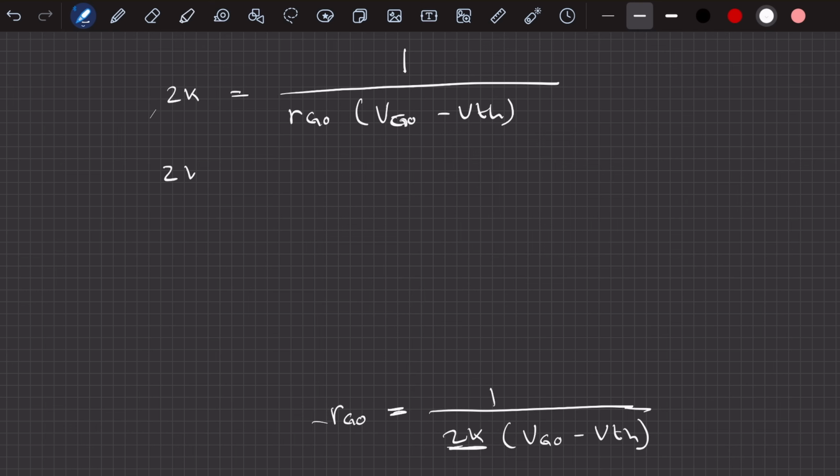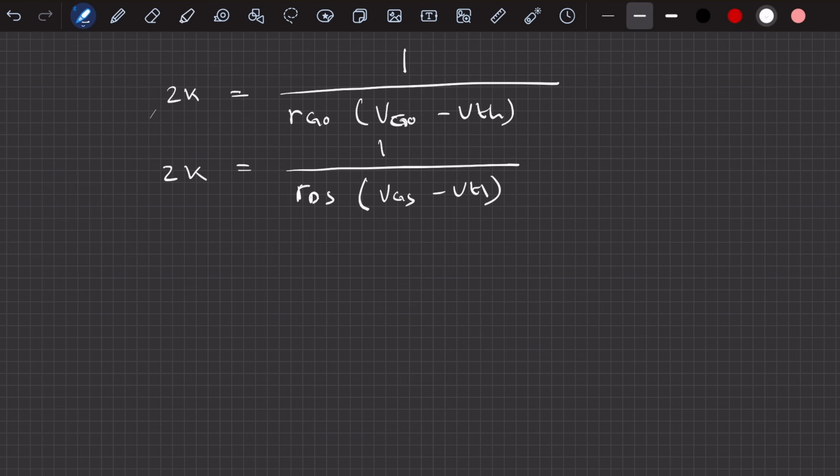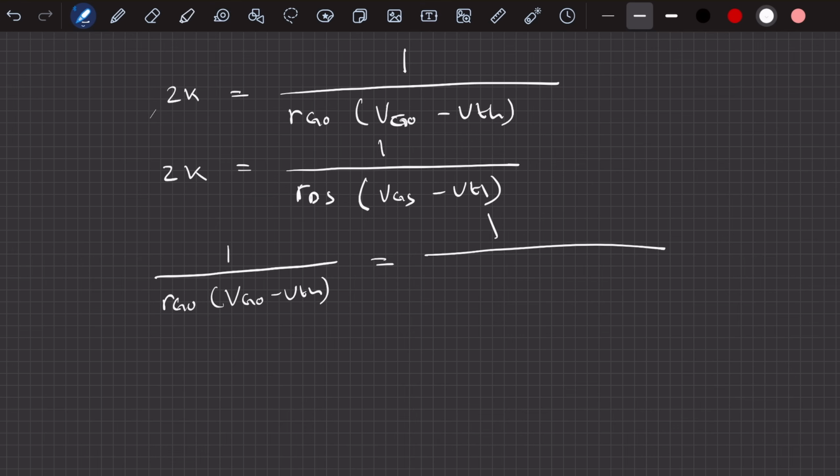And then you can write the same thing for the other one, which is 2K, and in this case it will be 1 over RDS (VGS minus VTH), and we get 2K on this side as well because they're essentially the same equations. Now if we put these two together, we end up with 1 over RG0 (VG0 minus VTH) is equal to 1 over RDS (VGS minus VTH).